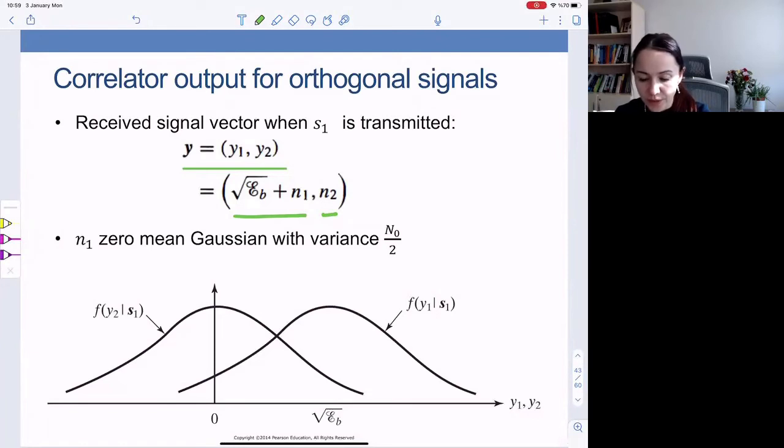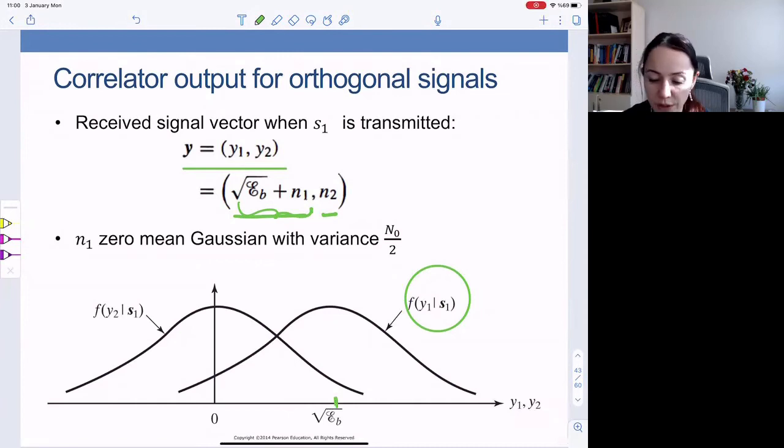Now we're talking about two different correlator outputs. If S1 is sent, the first correlator output is going to be noise plus a positive value, so it's going to be centered around EB.